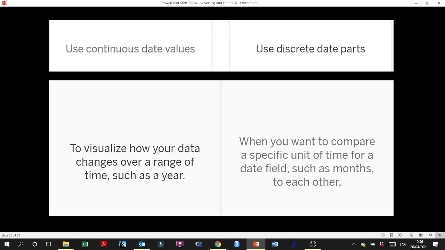So it's very interesting when we want to check for recurring trends and seasonality. When you're using discrete date parts, you're visualizing the aggregation of a measure into certain date parts, and you're creating headers.